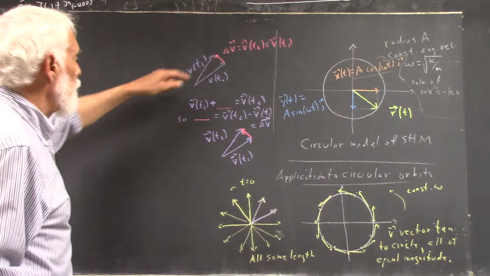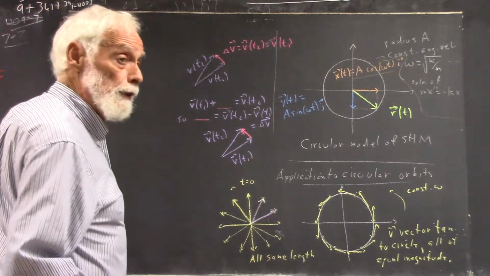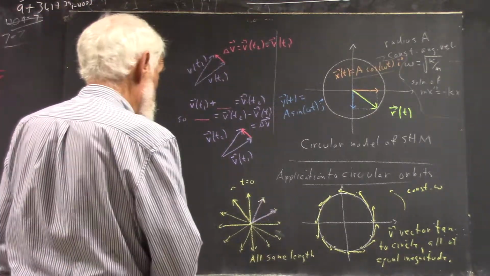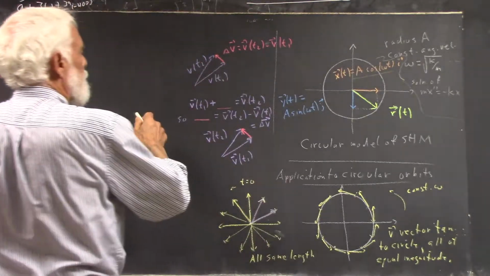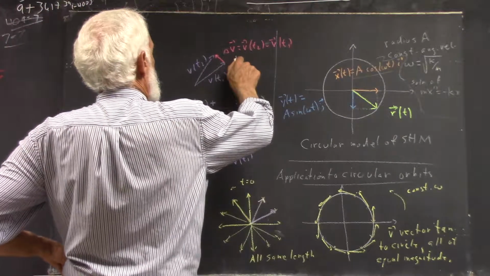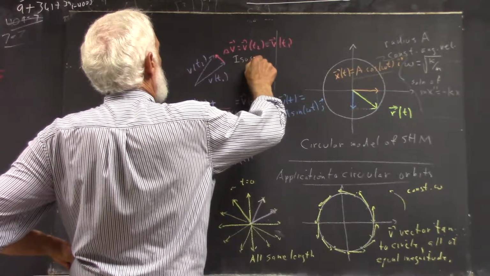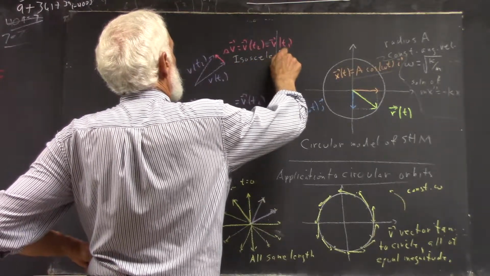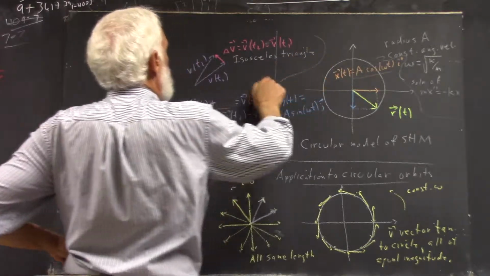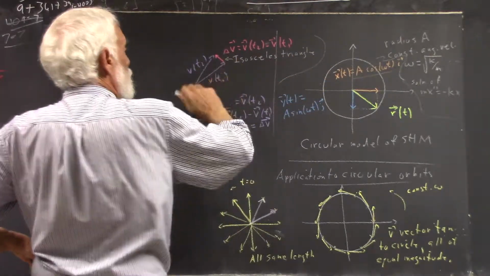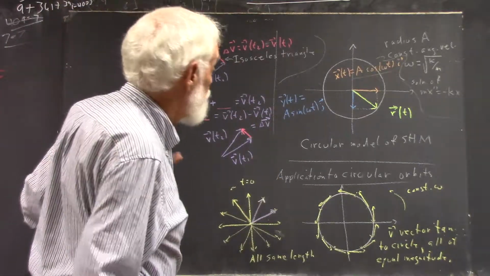Okay, now this triangle is an isosceles triangle, since velocity is constant.